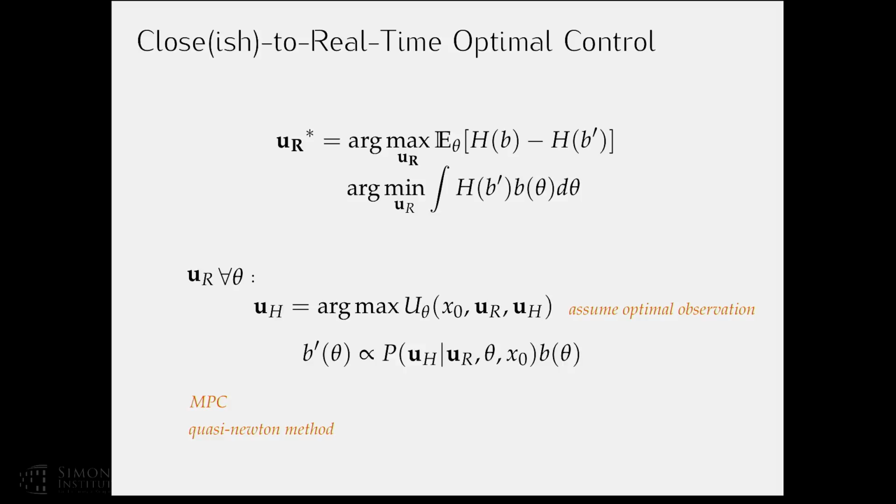Now, the final thing we do is we do a quasi-Newton method. So even with model predictive control, even if you plan for a short time horizon, this is still continuous state and action, and it still requires doing this computation. And so we do a local optimization. What's interesting here is that a local optimization relies on being able to get a gradient of this, and getting a gradient of this relies on being able to get the gradient of this guy, UH star, the thing that the person would optimally do with respect to UR.